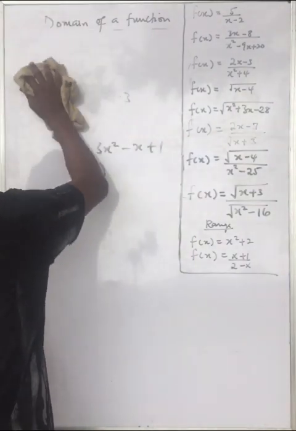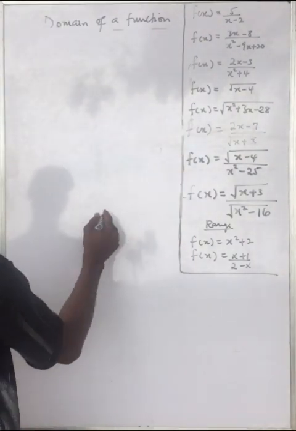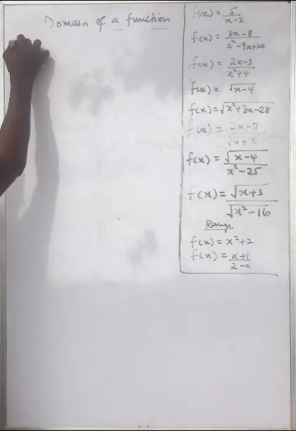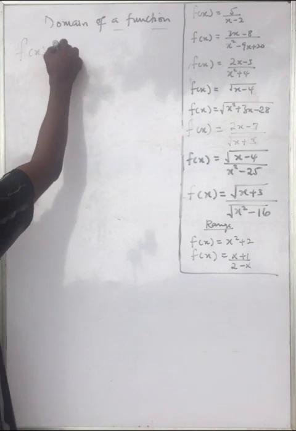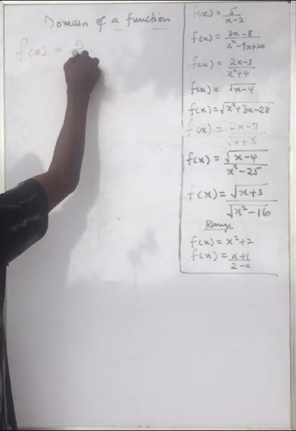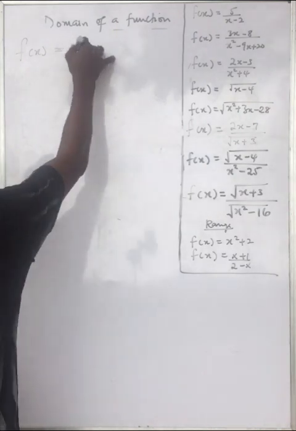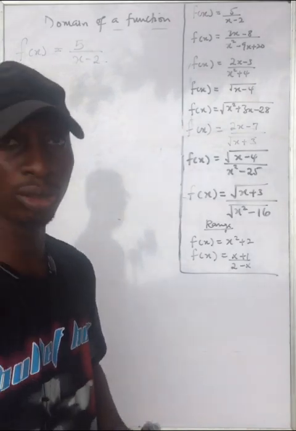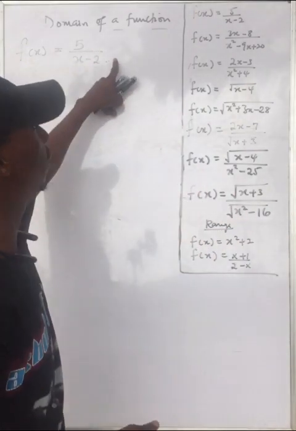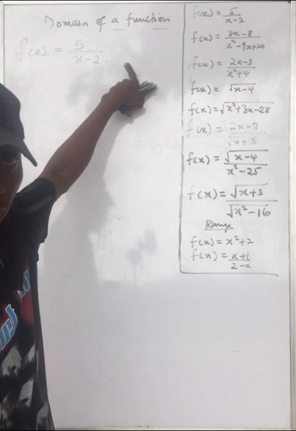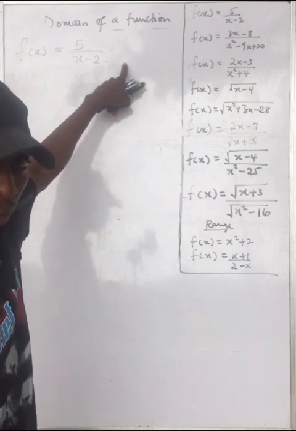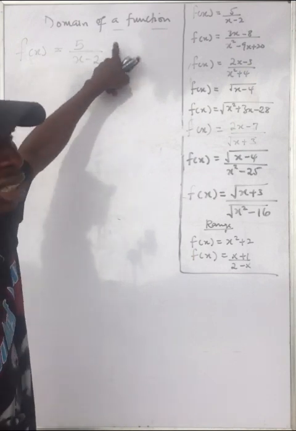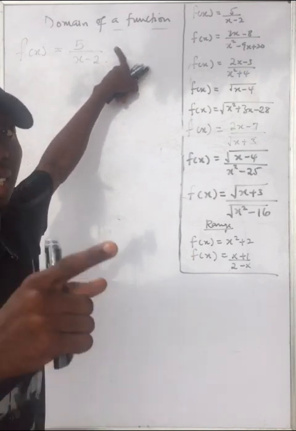How can we find the domain of rational functions such as what we have on the board here? The domain of a rational function, for example, 5 over x minus 2, remember the concept: values of x that will not make the function undefined or complex.